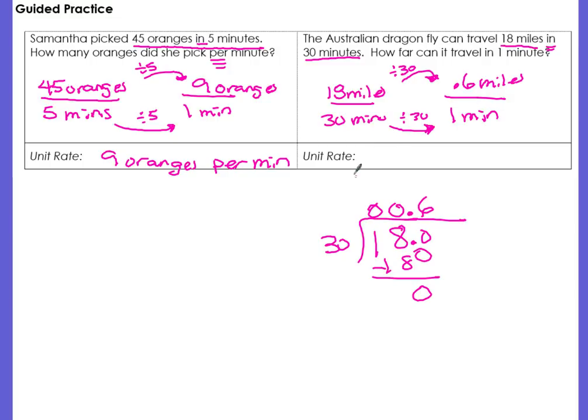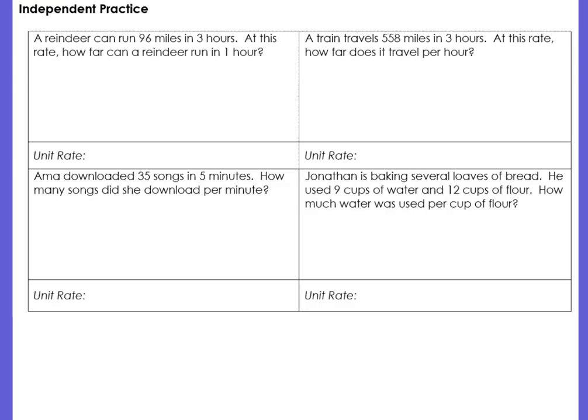Our unit rate then, we would write it as 6/10 miles per minute. You will also say sometimes a backslash, like 6/10 miles with a backslash minute. That means the same thing. That means per. And now you're ready for your independent practice.